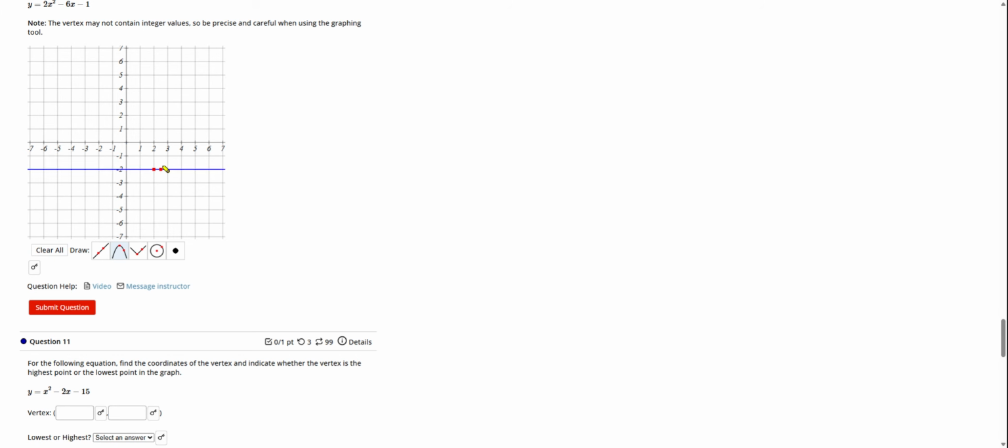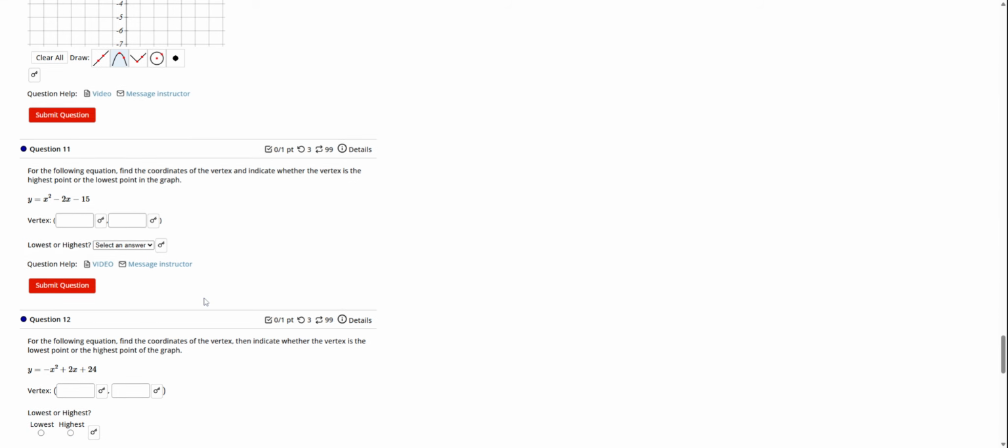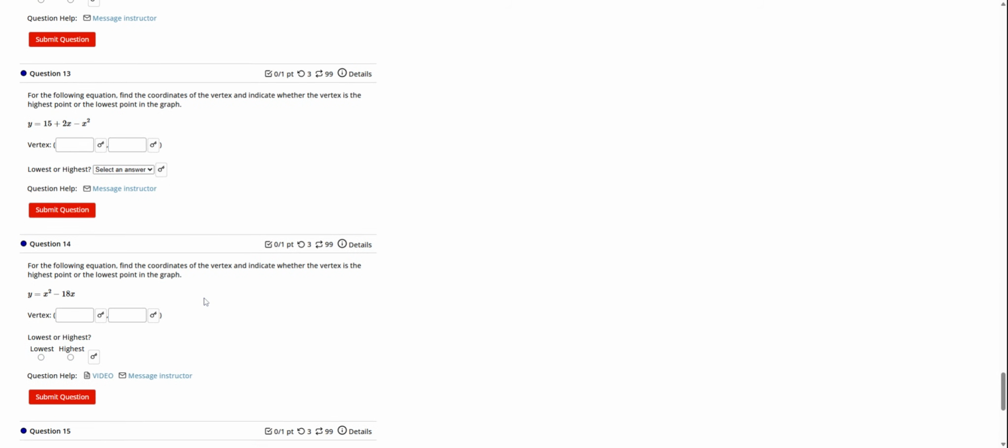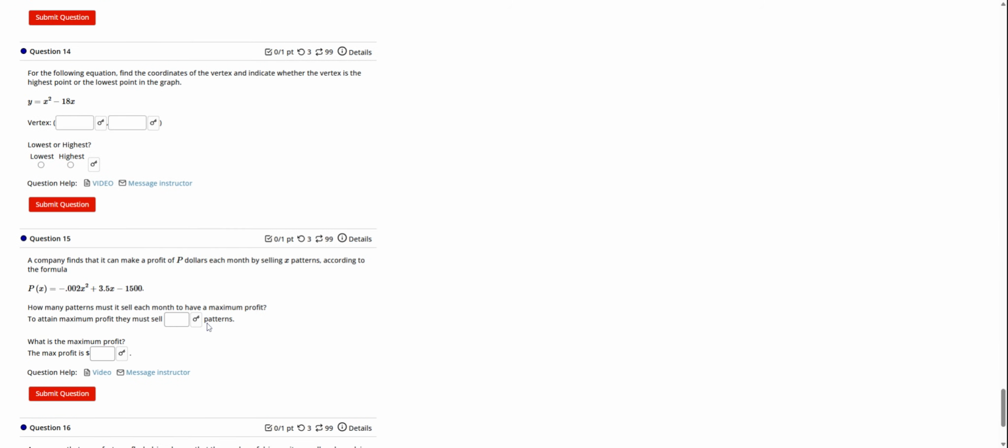If it opens up this way, it would be a low point. If for some reason it doesn't like your vertex, change your answer and then go back and re-put it in, and it usually takes it the next time.